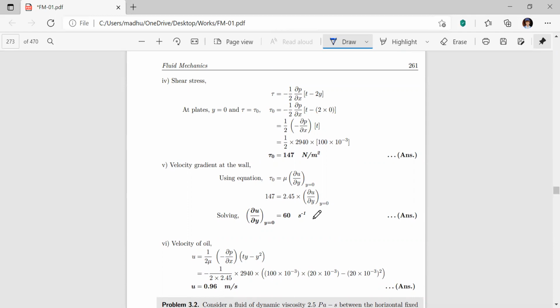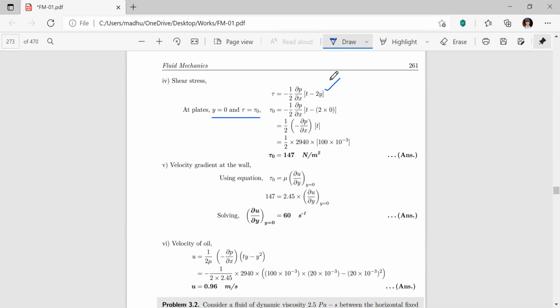Shear stress at the wall is nothing but tau naught. First, write down the equation of tau that we know. Next, at y is equal to 0, tau is equal to tau naught, which means at the wall when y is equal to 0, tau is equal to tau naught. Substitute, you will get minus 1 by 2 dp by dx into t minus 2 y.